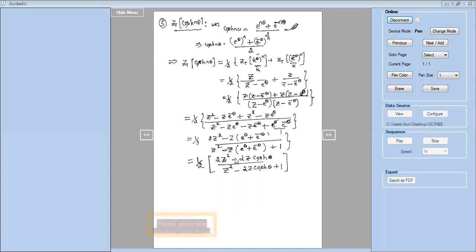Now in the numerator, I can take 2 common and cancel with the denominator. So we get, this is equal to 1 by 2 into, if I take 2 common in the numerator, you get z square minus z cos h theta divided by denominator, it is z square minus 2z cos h theta plus 1 here.